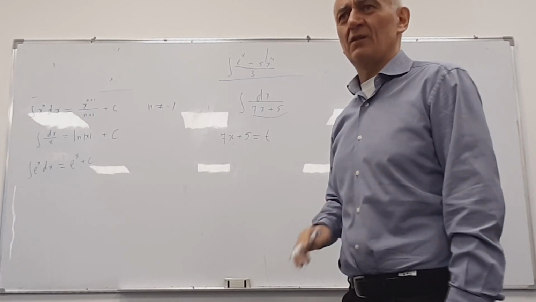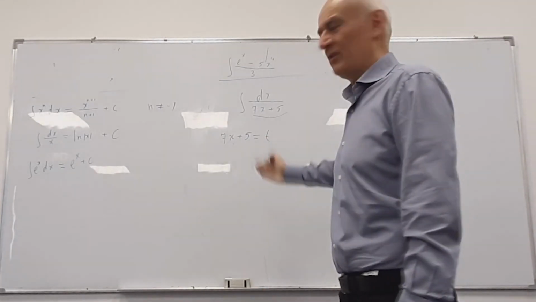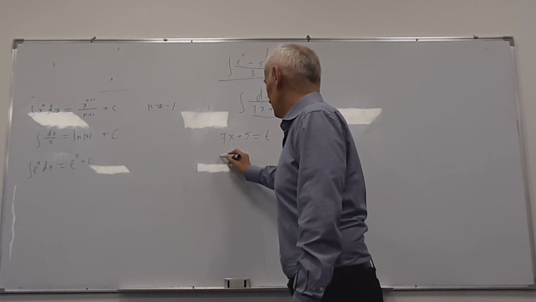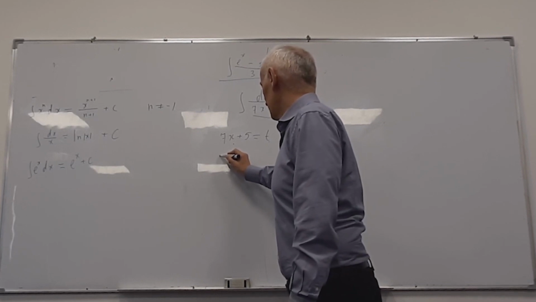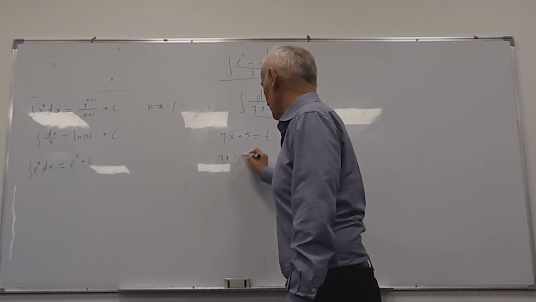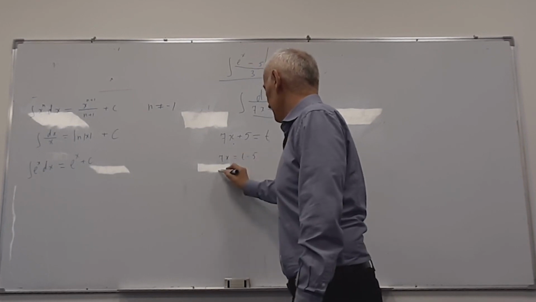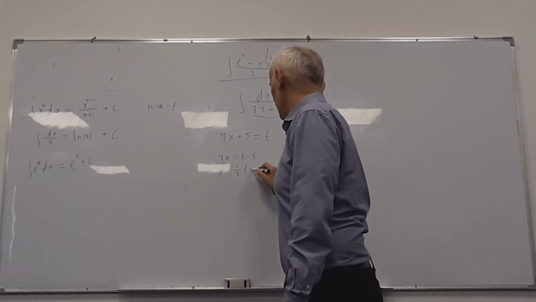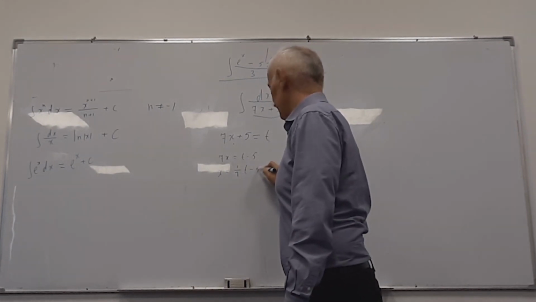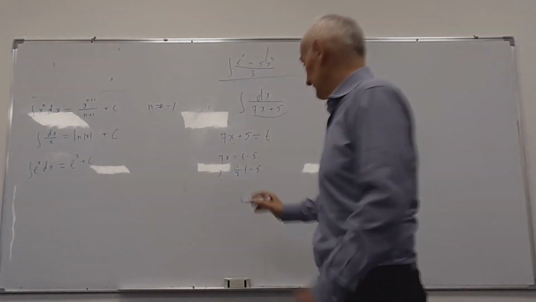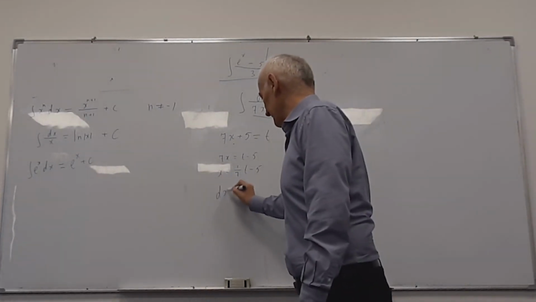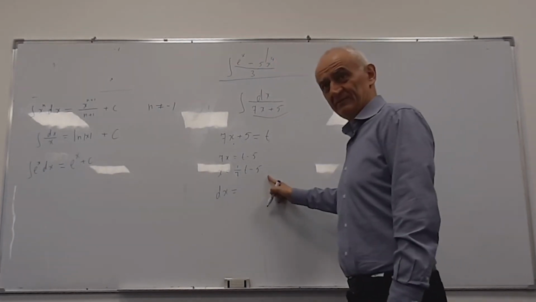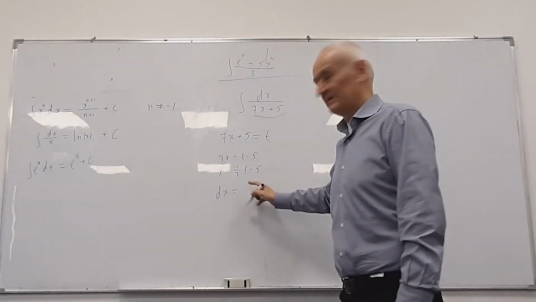To solve for x, we have here 7x equals t minus 5, and x is going to be 1 over 7 times (t minus 5). And from here, dx, this is differential, is the derivative multiplied by dt.